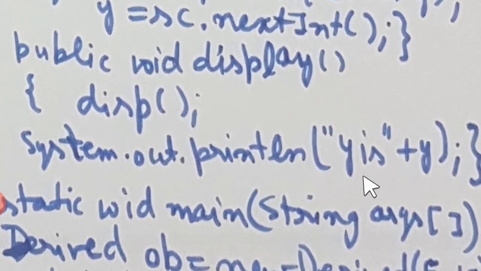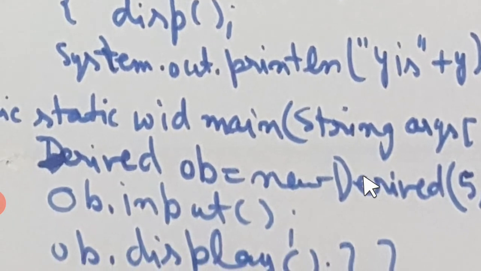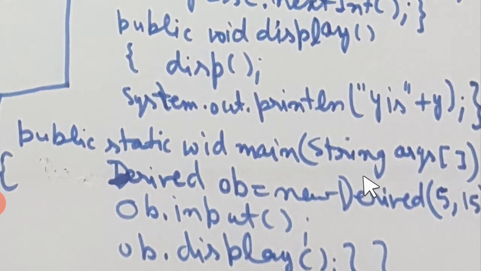Alright. After that we go for the main function. So it is public static void main, students, and in main we have the object of the derived class. We always make the object of the derived class because the derived class has already inherited what was there in the base class.